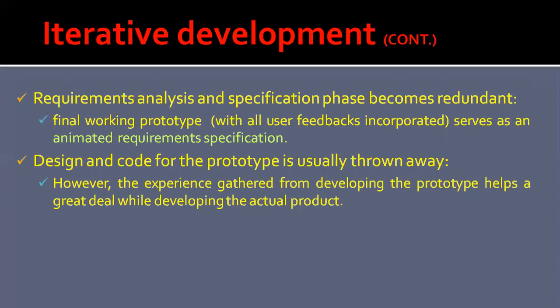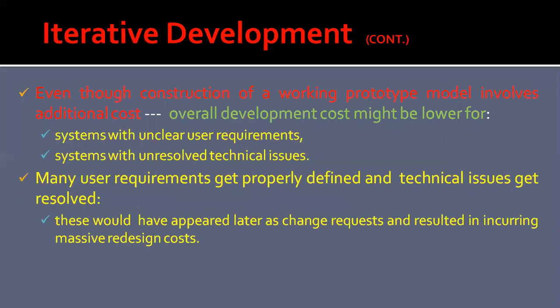Everyone thought that the construction of a throwaway prototype might involve additional costs for systems with unclear customer requirements and for systems with unresolvable technical issues. But the overall development cost usually turns out to be lower compared to the equivalent system development using the iterative waterfall model.